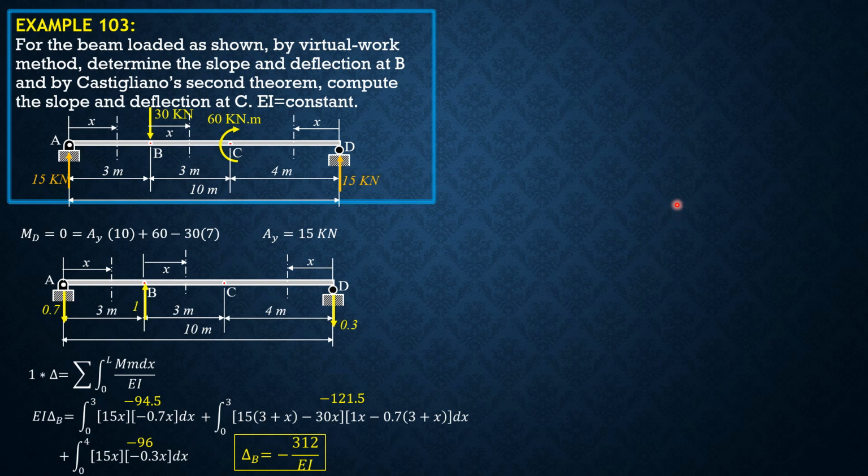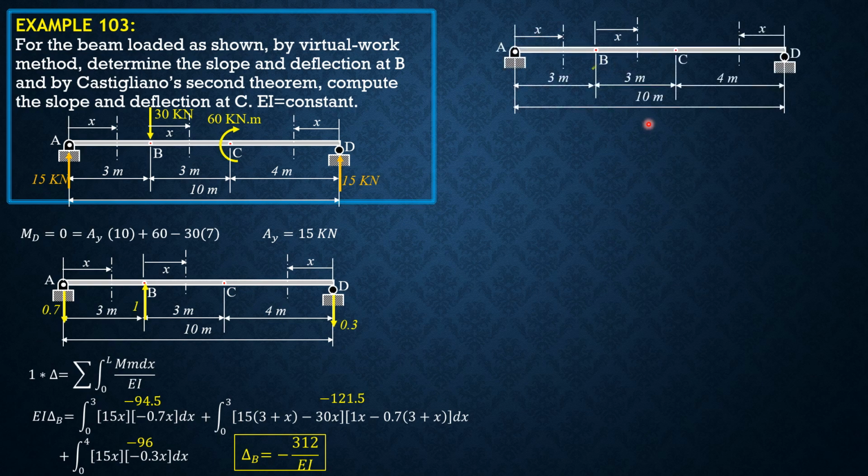Next, for slope at B, we just draw due to virtual force, counterclockwise positive. That's the assumption. So if that is 1, summation of moment at D, reaction here times 10 equals 1. So therefore, the reaction here is 1 over 10 or 0.1 upward.